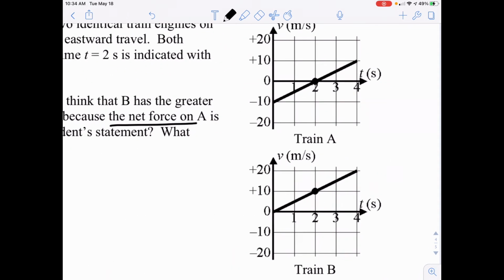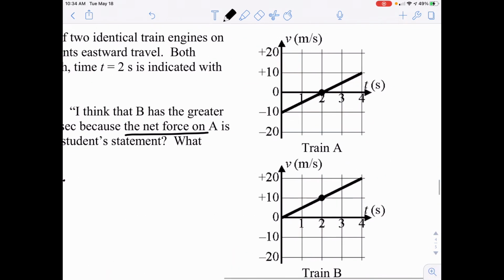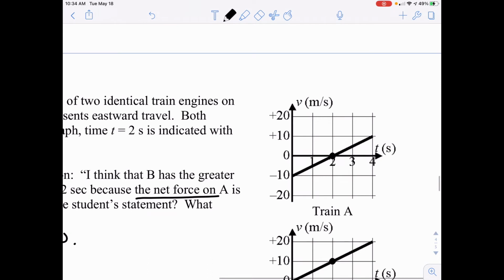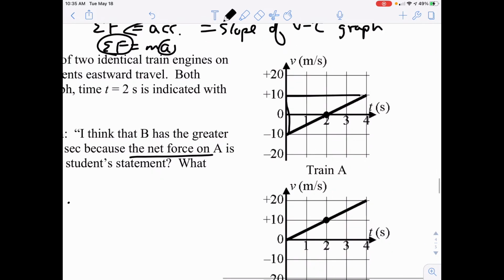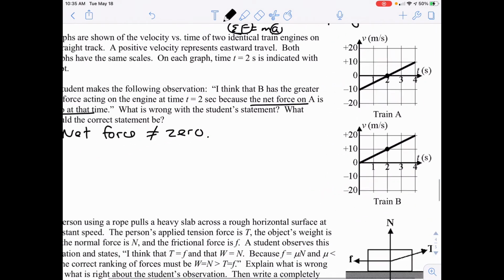If you look at each one of these, both of them are velocity versus time graphs, and the slope of a velocity versus time graph equals acceleration, which relates to the net force, right? Net force equals mass times acceleration. Therefore, if you look, both graphs have the same slope. Therefore, both trains have the same acceleration.